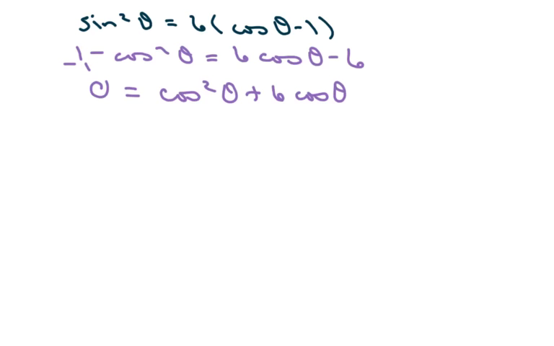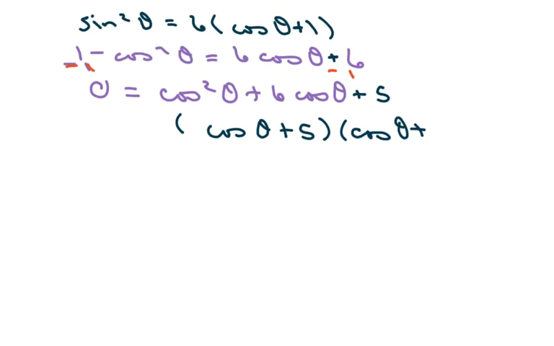When I subtract 1 from both sides, I wrote this wrong. This should have been a plus, so that's a plus. So when you subtract 1, you're going to get a plus 5 here. Then you just factor. You're going to get cosine of theta plus 5 times cosine of theta plus 1 equals 0.